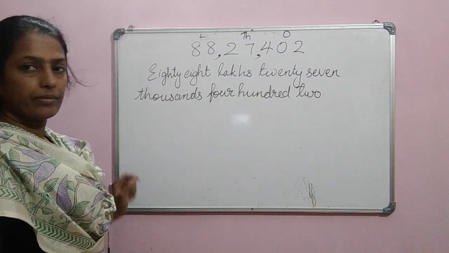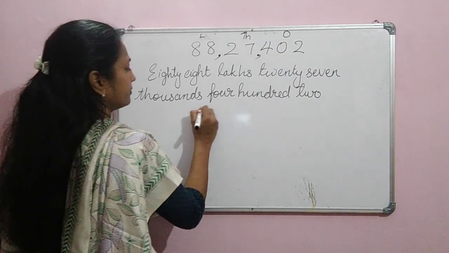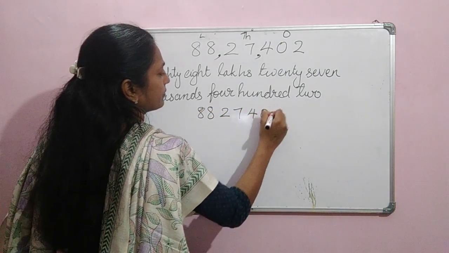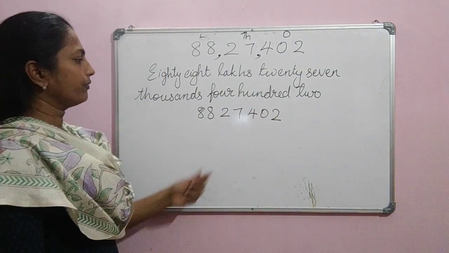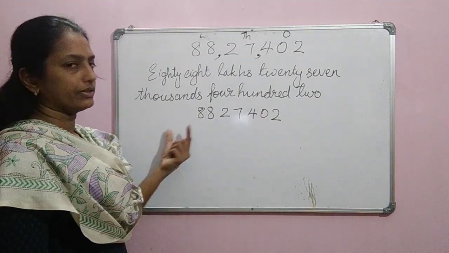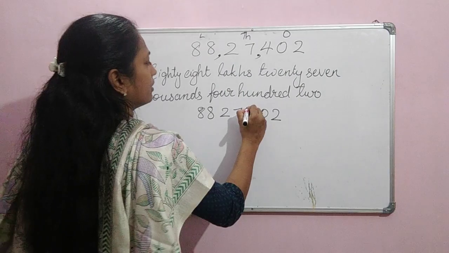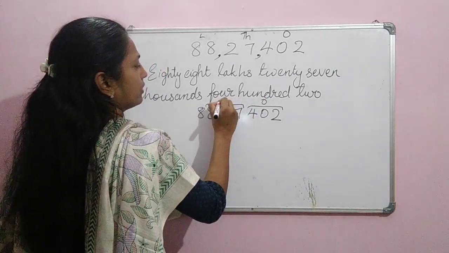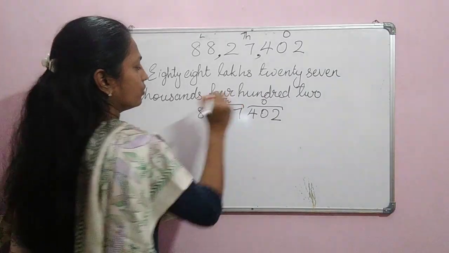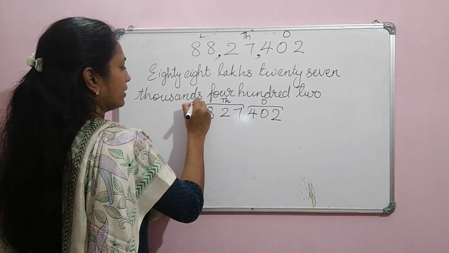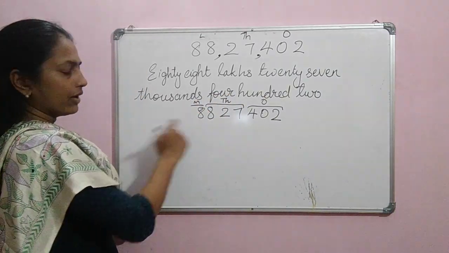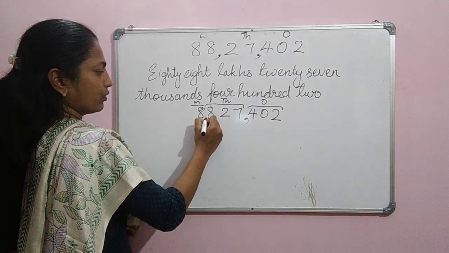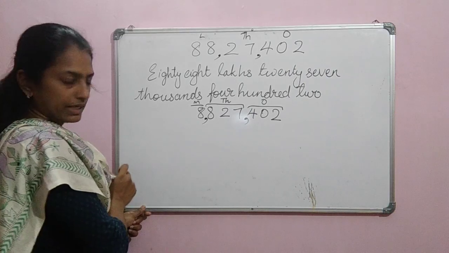Now let's see the same number in international system. In international system, we group the numbers 3, 3, 3. That means ones group, thousands group, and this is millions group. So we have 8. We put the comma like this. We have 8 in millions group.